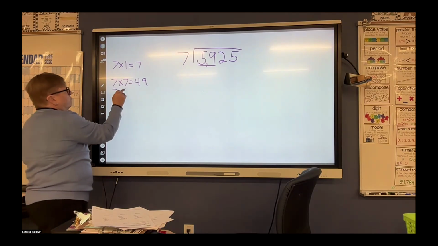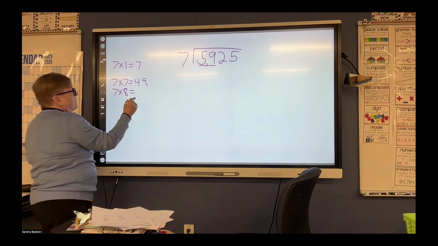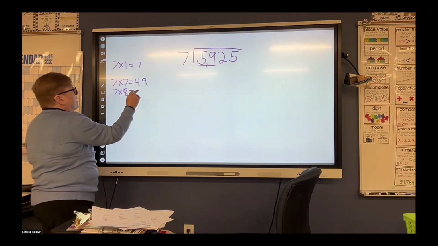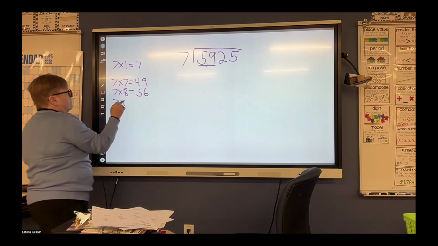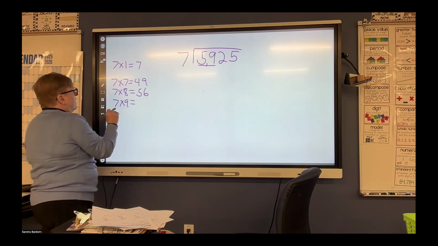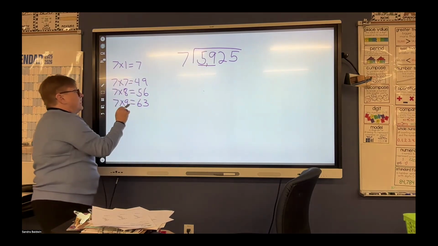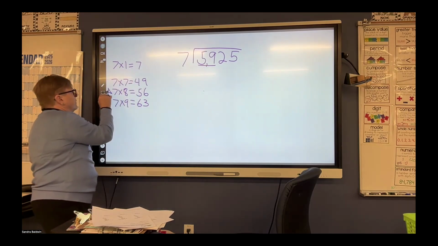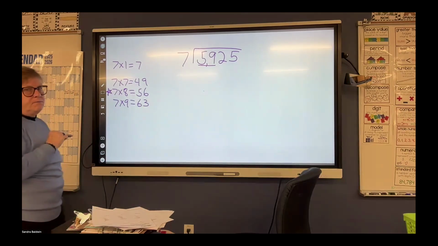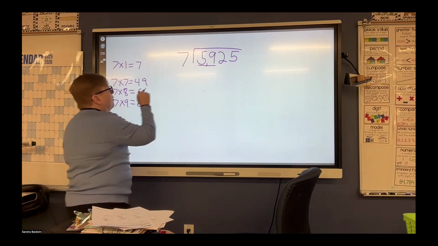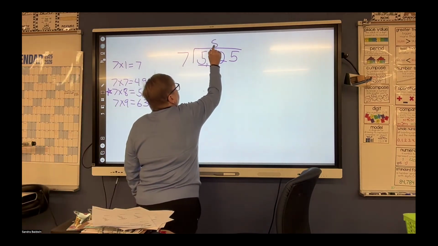If I just go up by 7, that's going to give me 56. 7 times 9 is going to give me 63. Well, 63 is too much. I'm looking at 59, so I know I have to use this fact right here: 7 times 8 equals 56. So I'll put the 8 on top of the 9.